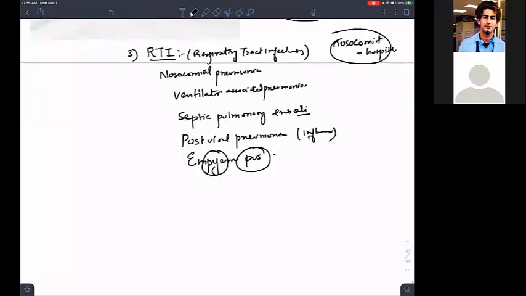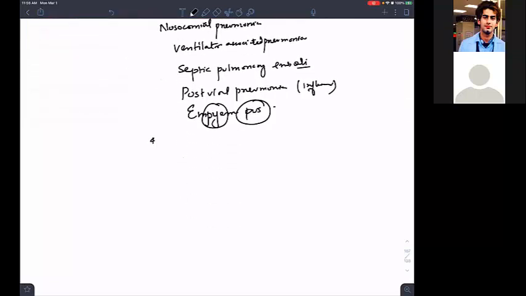Now, if this bacteria comes into the blood, that is bacteremia. If bacteremia is happening, what other complications can it cause? It can lead to sepsis, and it can lead to septic shock.